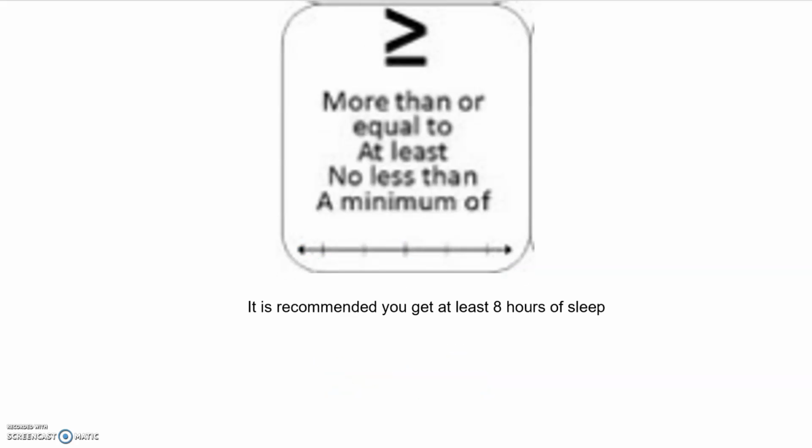Right, here's one of the trickier ones. It is recommended you get at least 8 hours of sleep. So the amount of sleep you get is X, and that should be greater than or equal to 8. If I represent it on a number line, 8 is the number of hours of sleep I'm recommended.